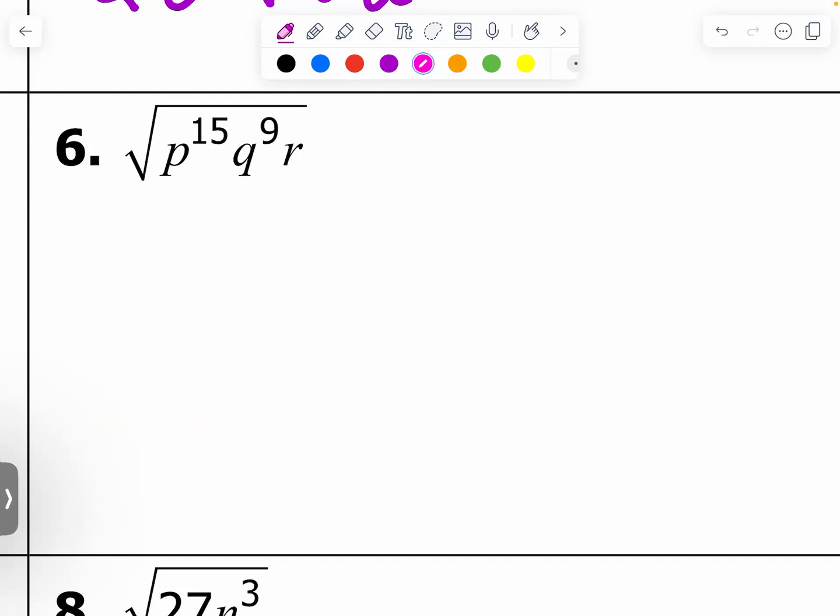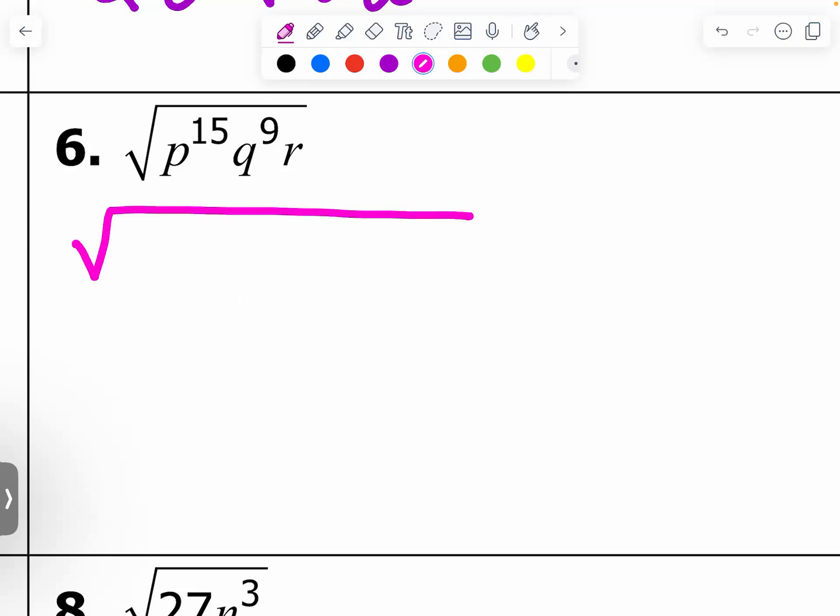Well, but it would have to come outside. Right, it wouldn't be under the radical anymore. So you're gonna have q to the 3rd. No, hold on. No, you would have q to the 4th.